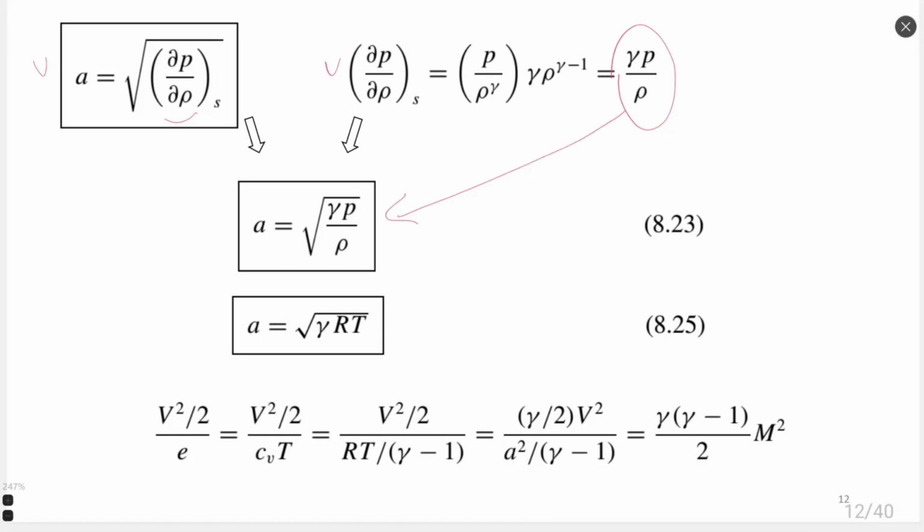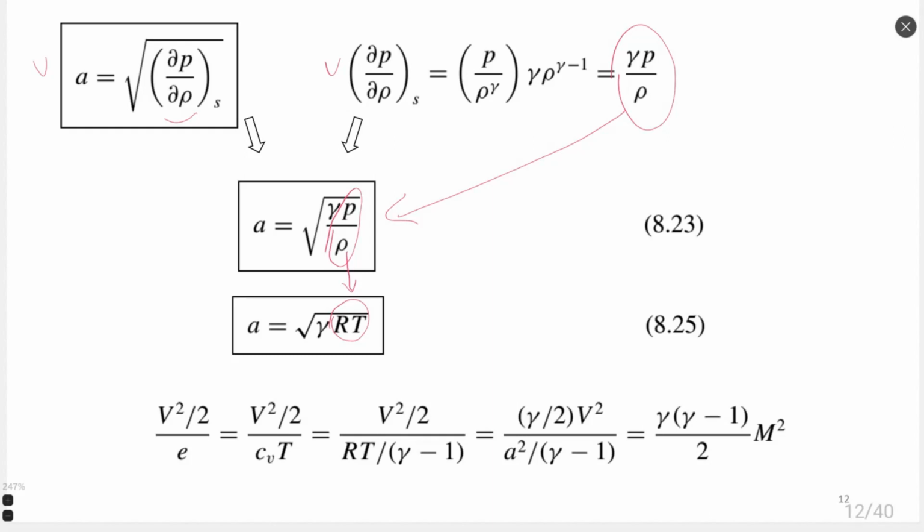We also remember that according to the equation of state, the pressure to density ratio is equal to temperature multiplied by gas constant. These are equivalent terms, right?